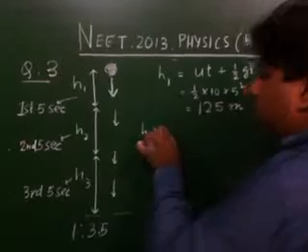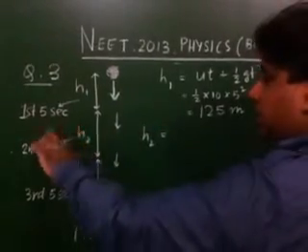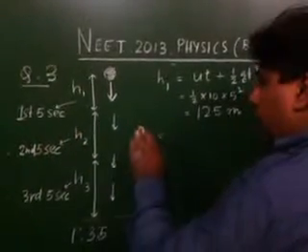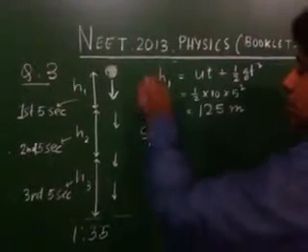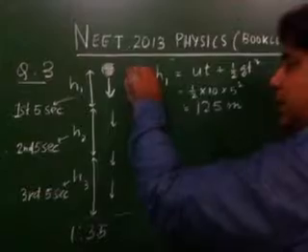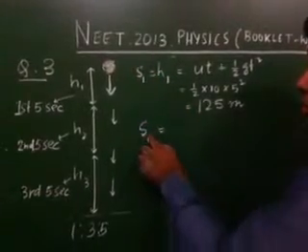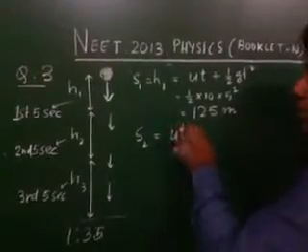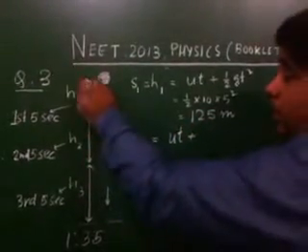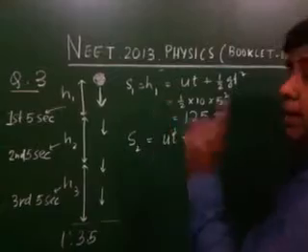Now what is h2? Although h2 is the distance traveled in the second interval, we will not assume it as h2. Let it be S2, and this is S1, the distance traveled in 5 seconds. Now S2 will be the distance traveled in 10 seconds, because I have to take initial velocity as 0. So I have to take 5 plus 5, so total 10 seconds.